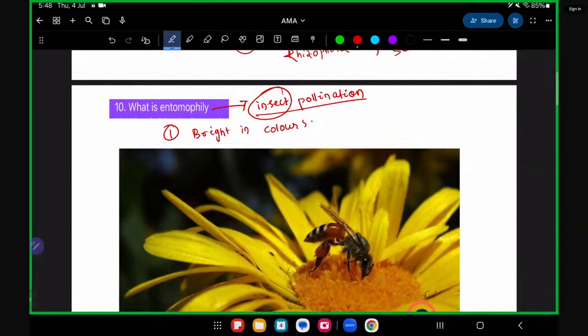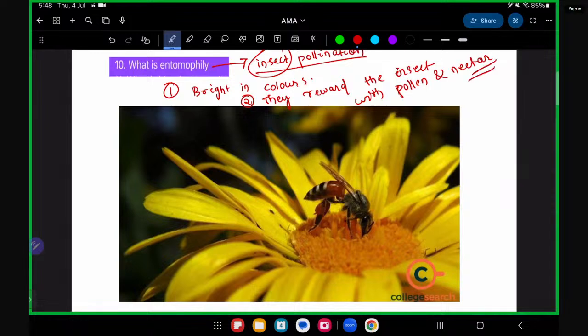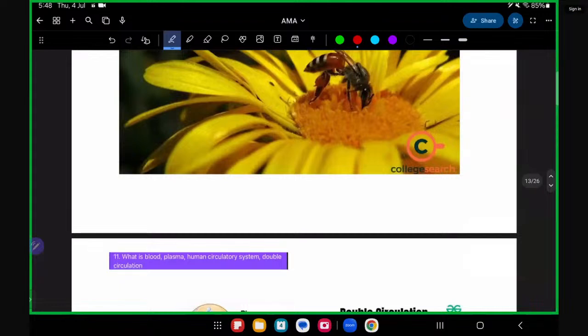Sometimes they reward the insect with pollen and nectar, so that the insect will be coming back to them. Next, entomophily is insect pollination.